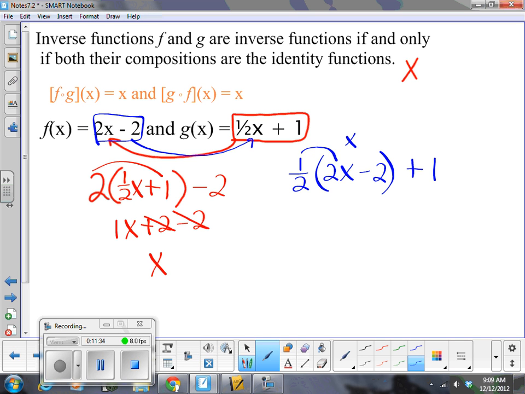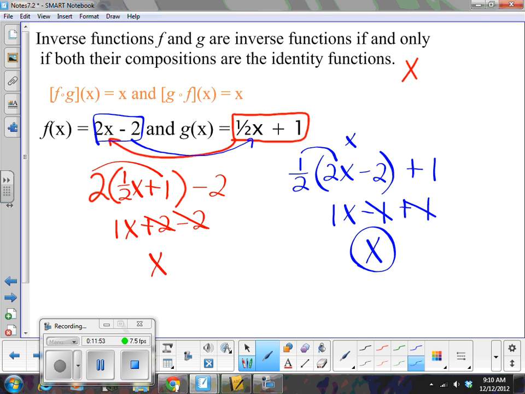If I do 1/2 of 2, I get 1x. 1/2 of 2 again is 1, so -1 plus 1. See what's going to happen? The -1 and the 1 are going to cross off, and you just get x. So are they inverse of each other? Yes. Everybody see that?